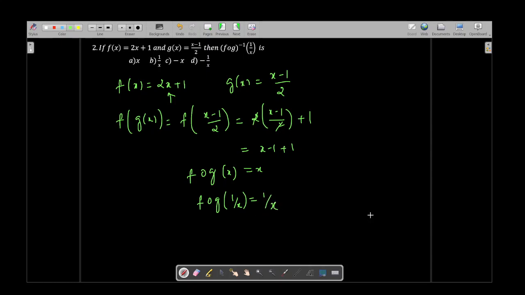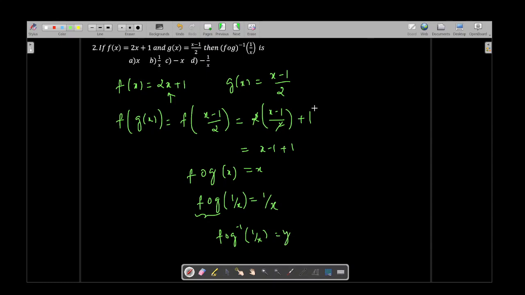To make it simple, let me put y equal to 1 by x, because I actually have to find the inverse of this.